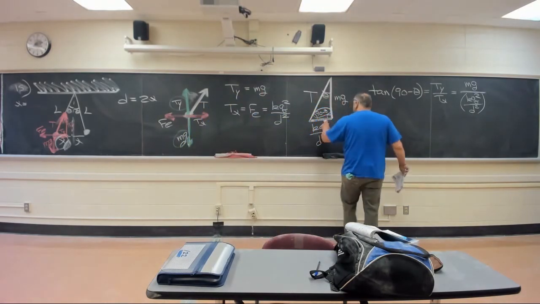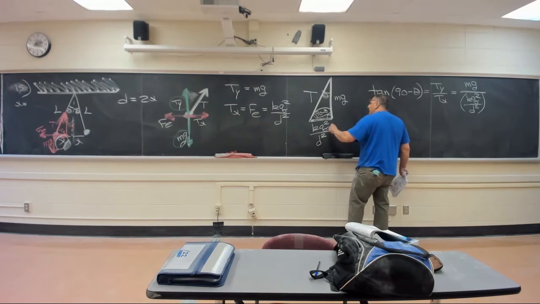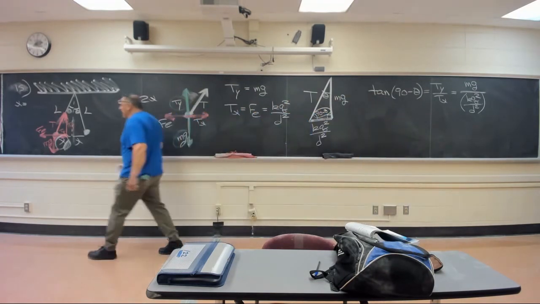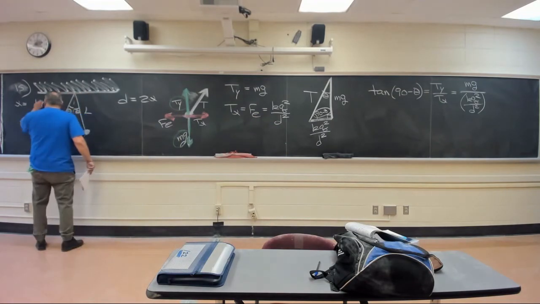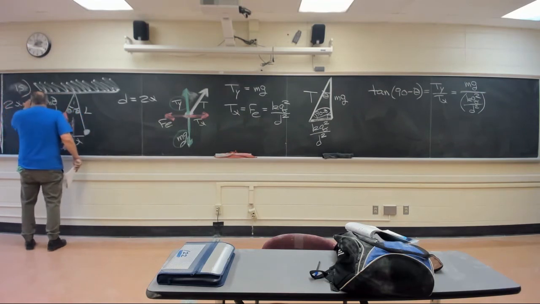If this is x, this length is L, and this length is x, then x over L is the sine of theta. X is equal to L sine theta. Multiply it by 2, you get what D is.